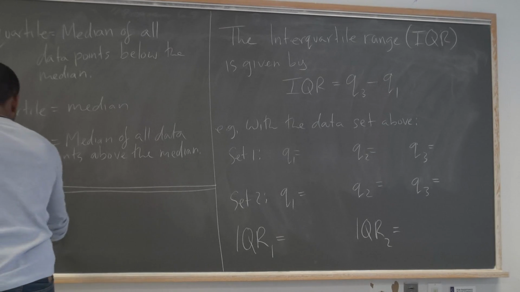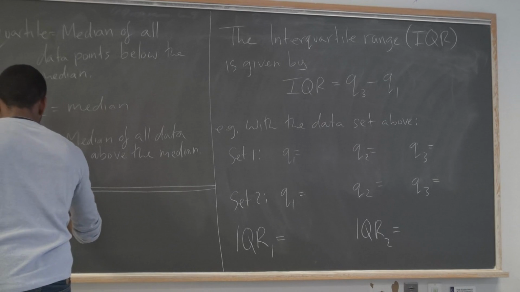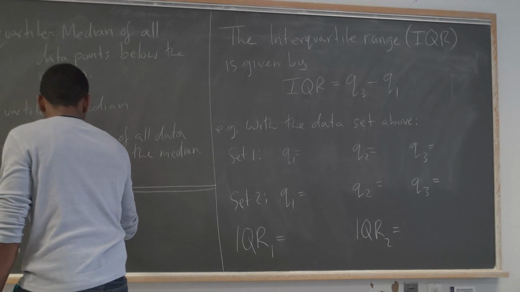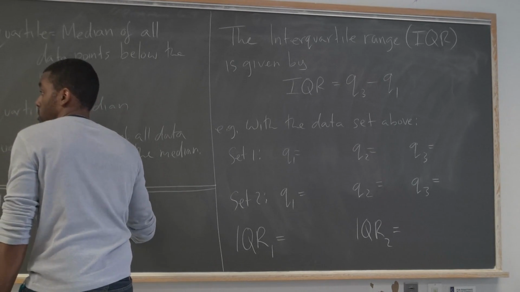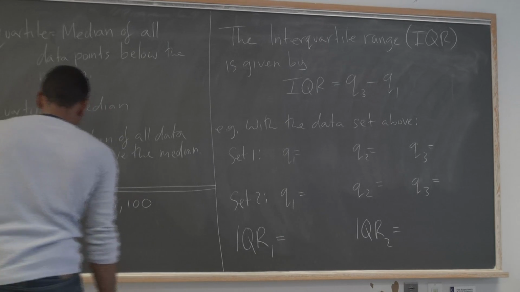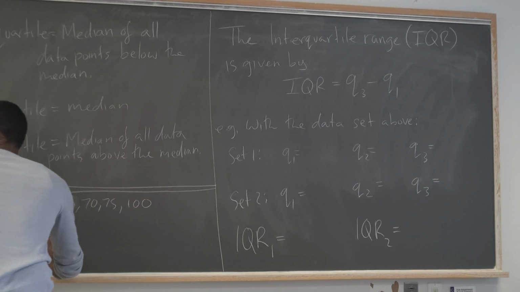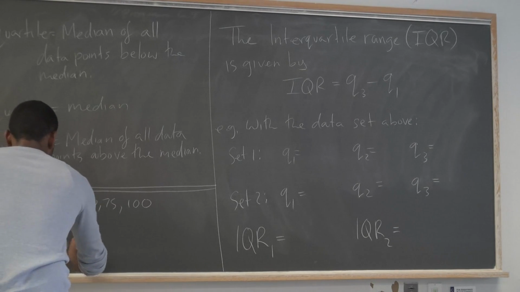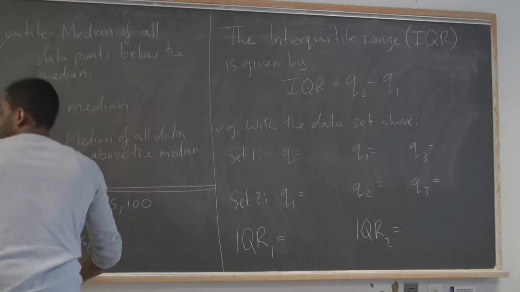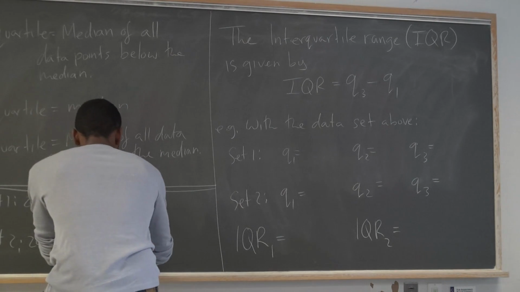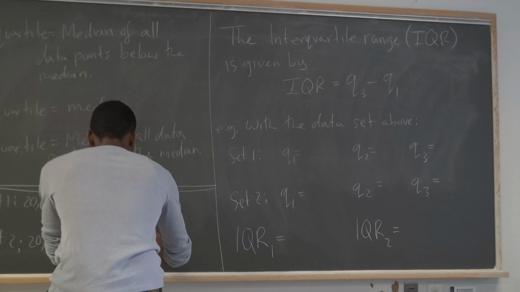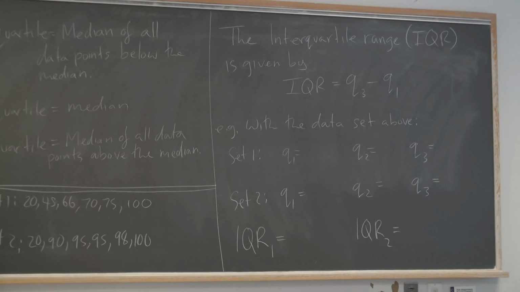Set 1 was 20, 66, 45, 70, 75, 100. Of course, I'd want to arrange this in ascending order, so I'd switch the 66 and the 45. The second grade set was 20, 90, 95, 95, 98, 100.